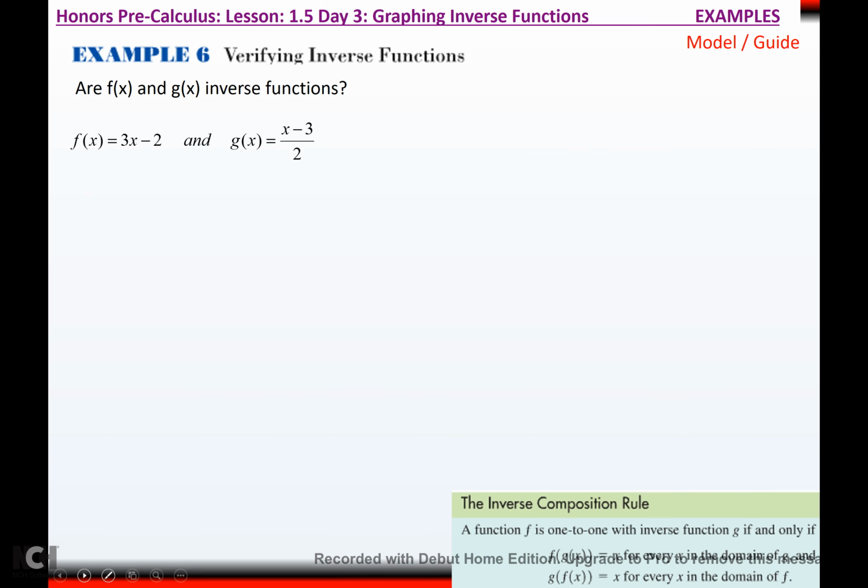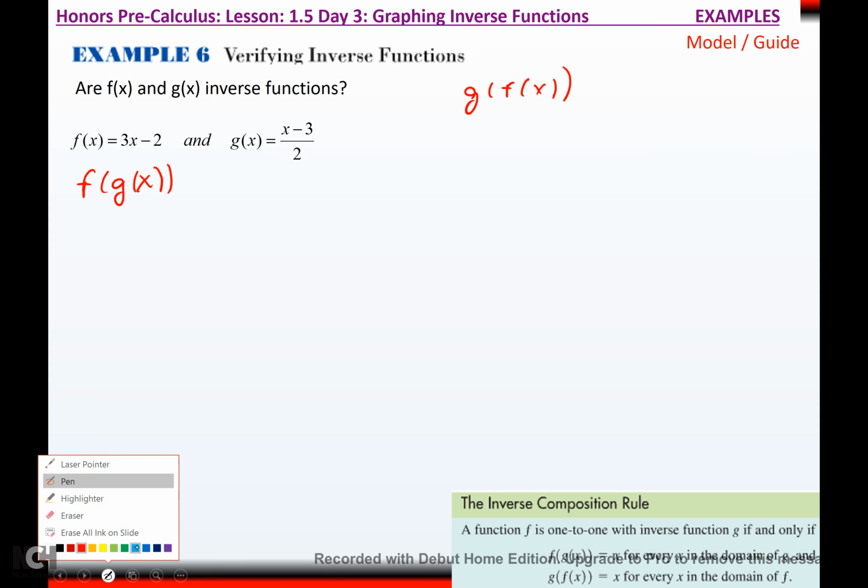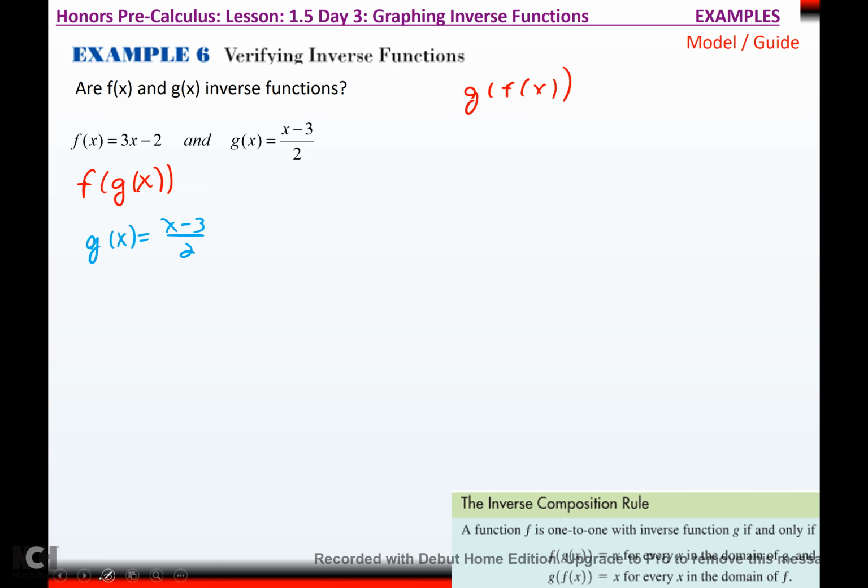Alright, let's look at this one. If I find f of g of x, and I find g of f of x, let's see what I get. We're going to start with g here. G is x minus 3 over 2.